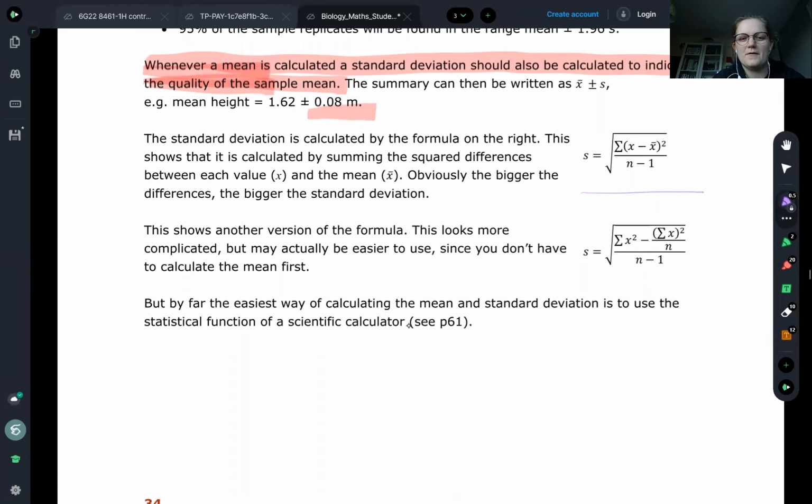So that's our values, that's our mean, and we square the difference. Obviously the bigger the differences, the bigger the standard deviation. And then n is the number of data points we've got.